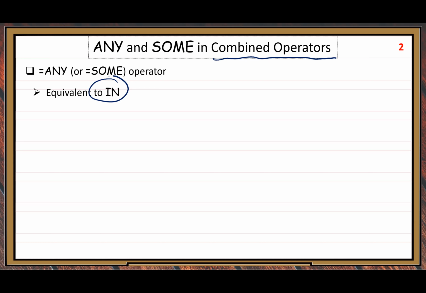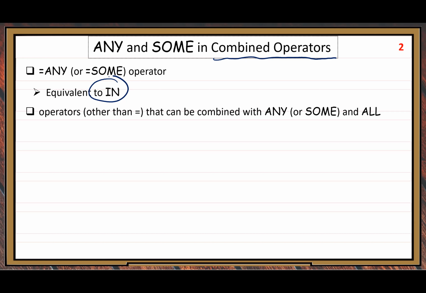But we need to know that if other people use equal any or even equal some, the meaning is just the same as the in operator. So that's enough. Most of the time we use the in operator.